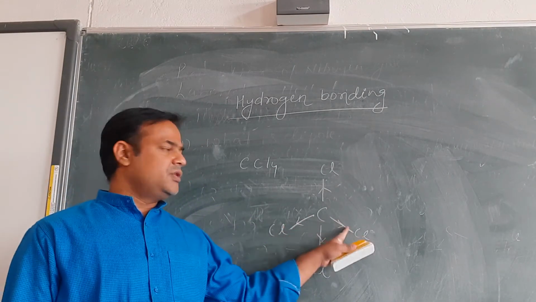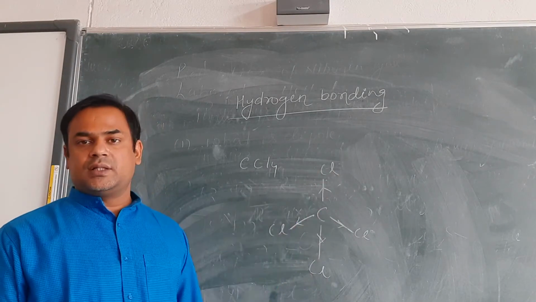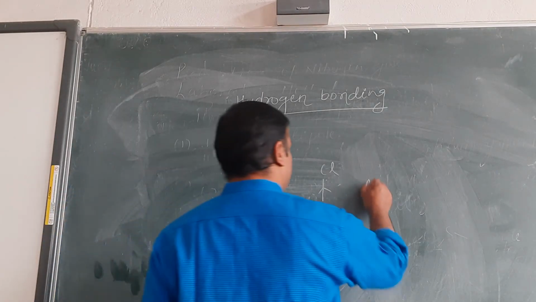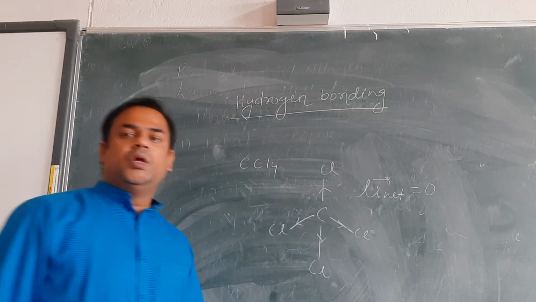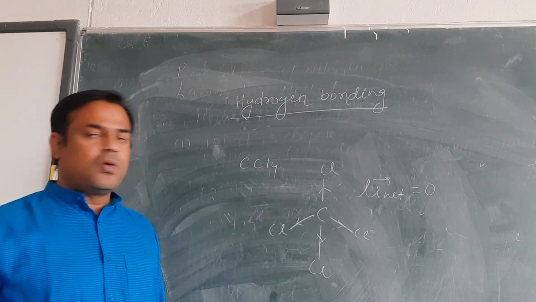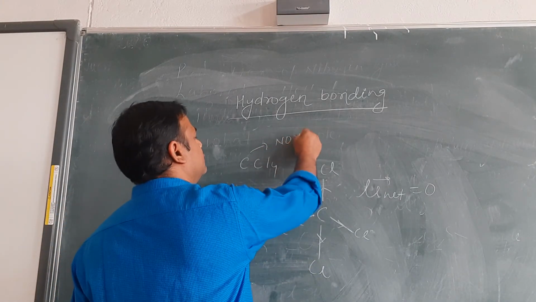The resultant of these two dipole moments will come in this direction, and that will be cancelled out by the other dipole moment. So we can say mu net in case of CCl4 is 0. Due to zero net dipole moment, CCl4 is a non-polar molecule.